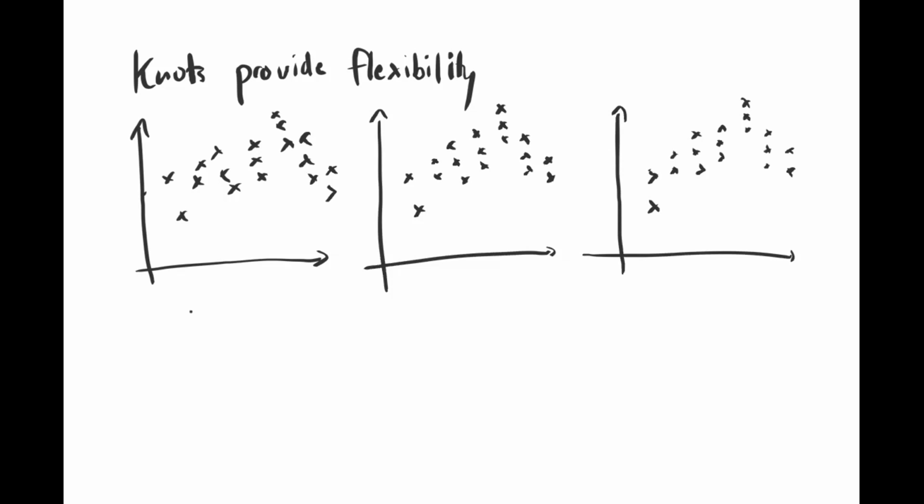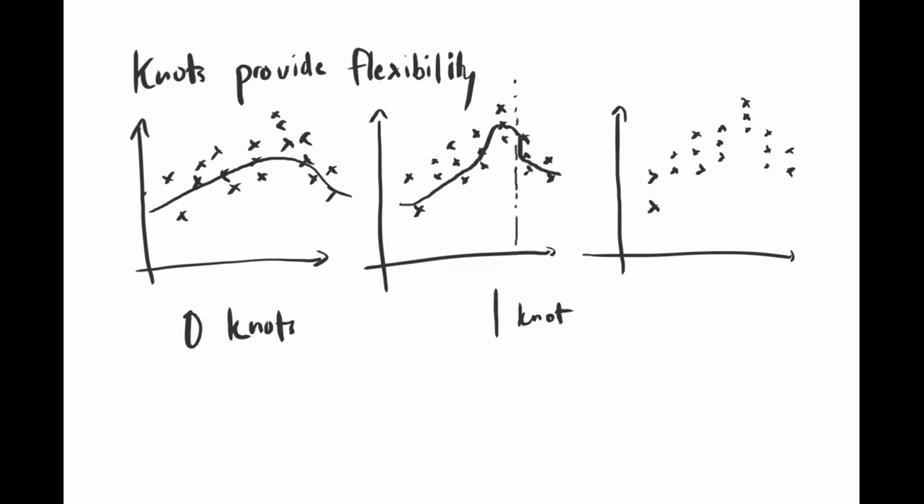So if we have 0 knots and we fit our function through here, it might look something like that. And then suppose we have 1 knot. In theory, it might look something more like this.